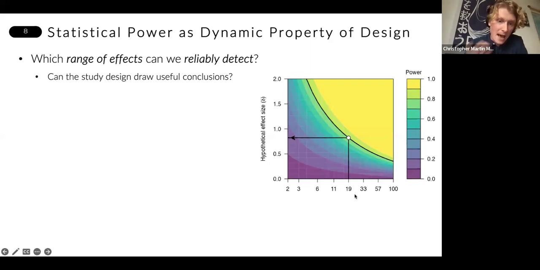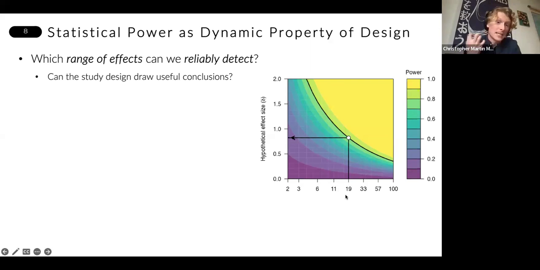If we imagine that we have resources enough for 19 participants, this power curve analysis indicates that, so here's the threshold for 80% power. We actually only have enough participants to reliably detect effect sizes that are around 0.8, a magnitude of 0.8 in effect sizes, right? So if we're interested in anything lower than 0.8, then we're underpowered.